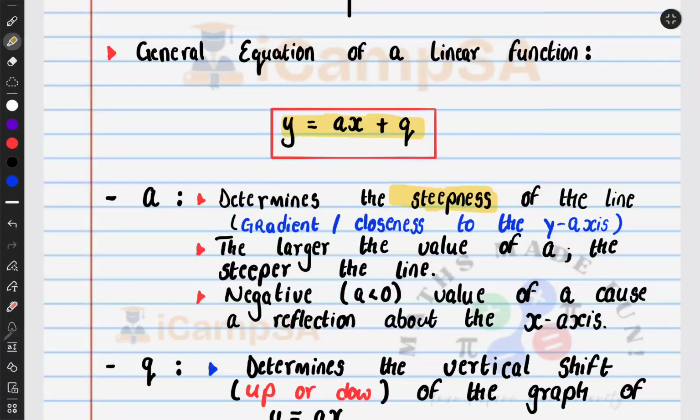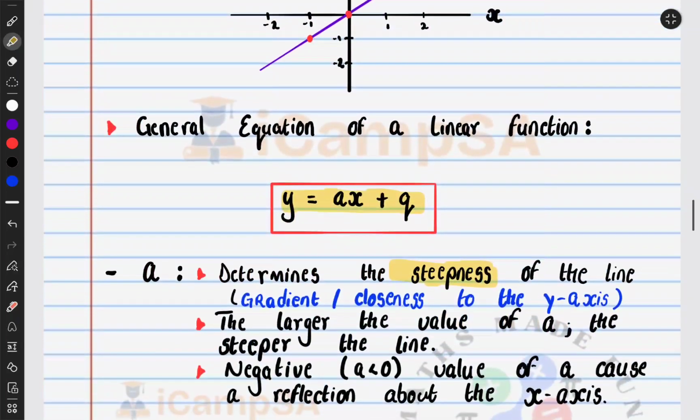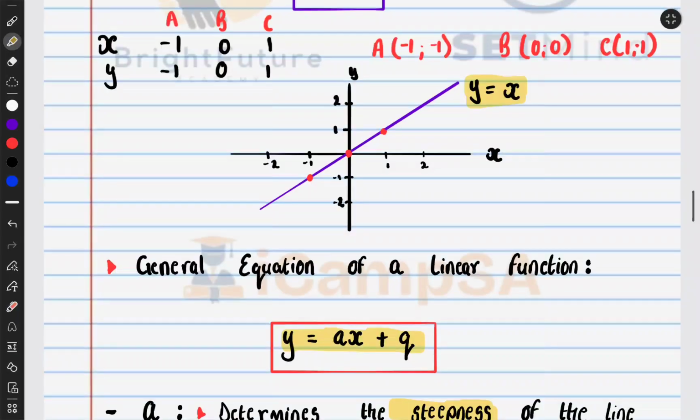So when you increase or decrease the value of a, the gradient of that mother function will also change. Hence I also included that the gradient can be described as the closeness of the function to the y-axis. Let's say we increase the value of a.